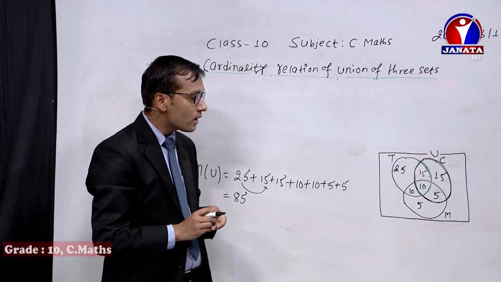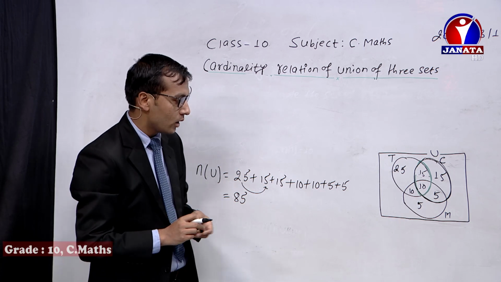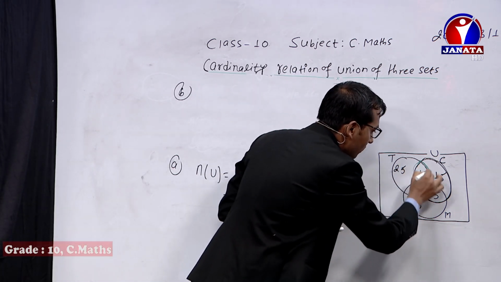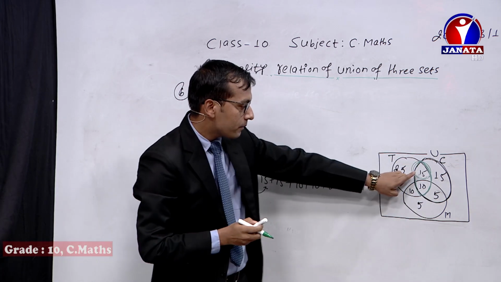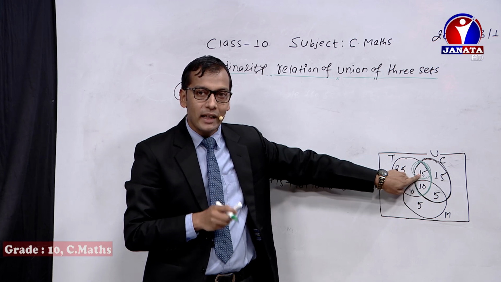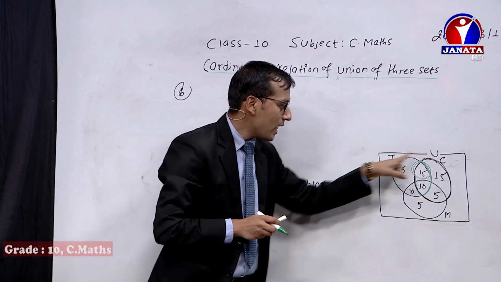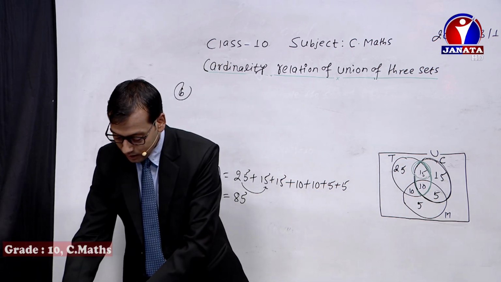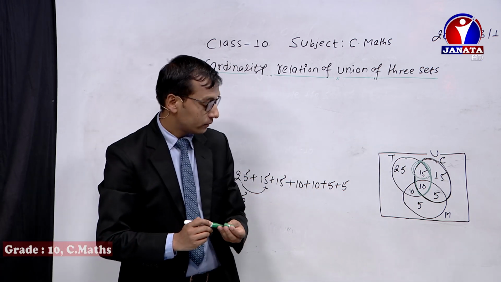There are 3 different regions. This 15 is the number of students who like exactly tea and coffee, that is only T intersection C.